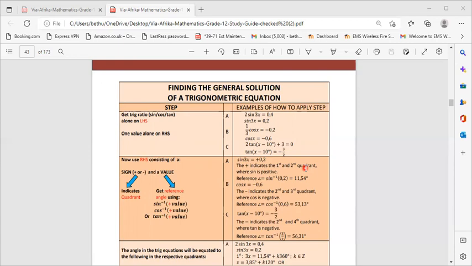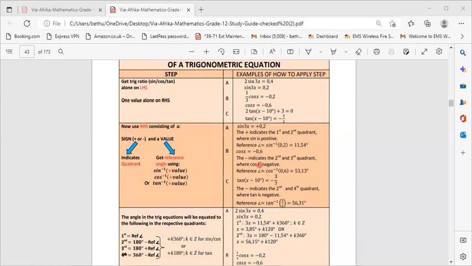Yes, we need to multiply by 3. So we will have 1/3 times cos x times 3 is equal to negative 0.2 times 3. Interesting. What we'll end up with is cos x, because 1/3 times 3 is 1. So we'll have just cos x is equal to negative 0.6.